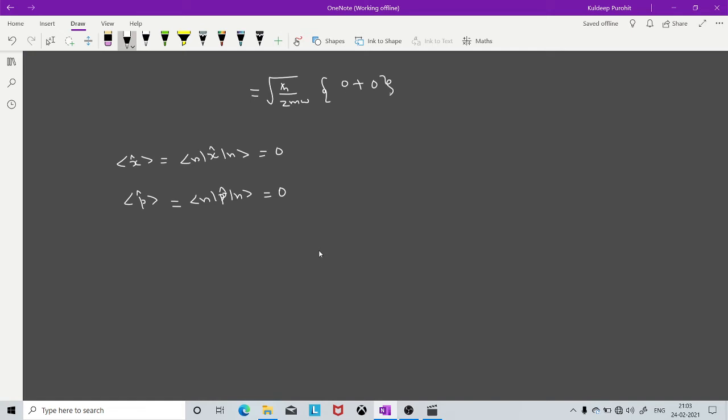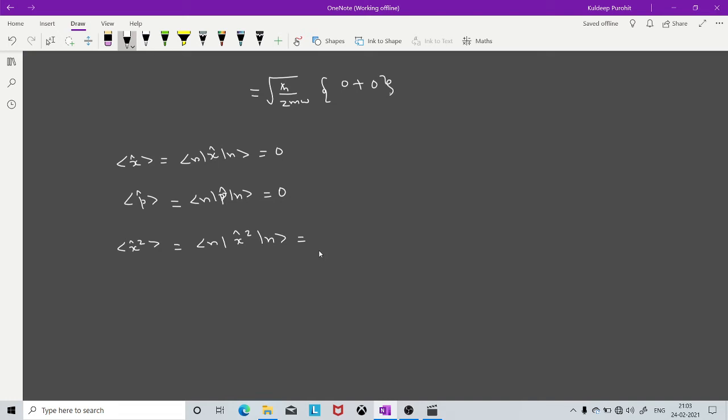Suppose I want to find x square, then what will I do? Again, this is the expectation value of x square, so bra n, x square, ket n.